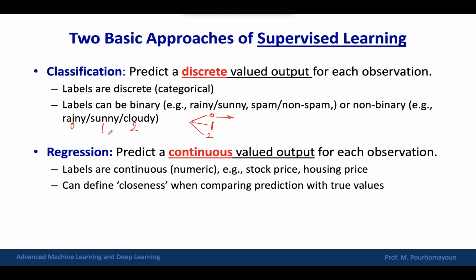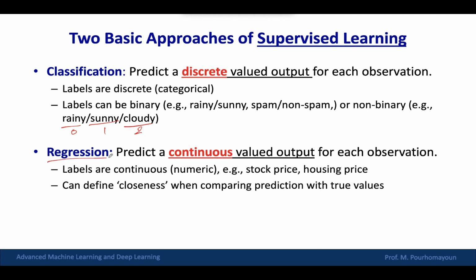So this 1 represents sunny. This is not a real number. You don't want to predict a value. You want to predict a group. You can name this group, for example, group 0 or group 1 or group 2, but still you want to predict a group, a category, a discrete value.